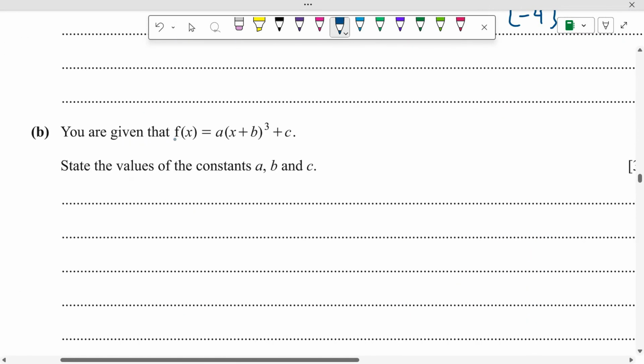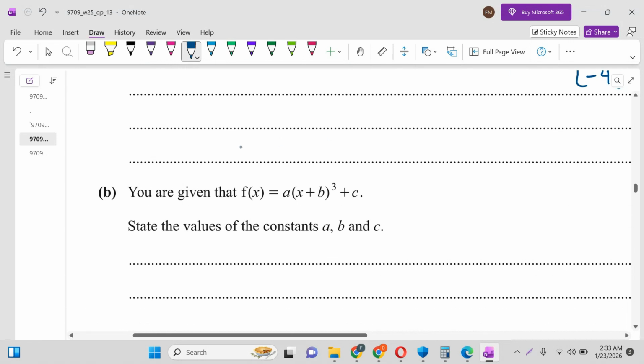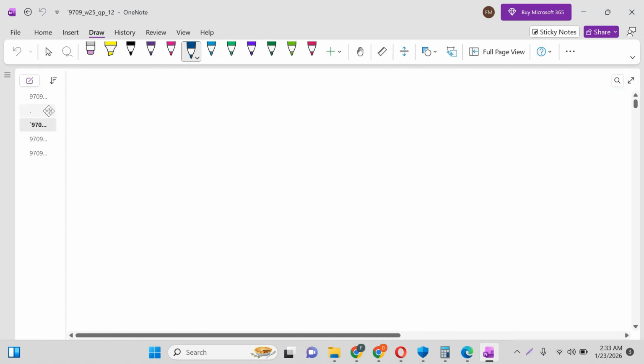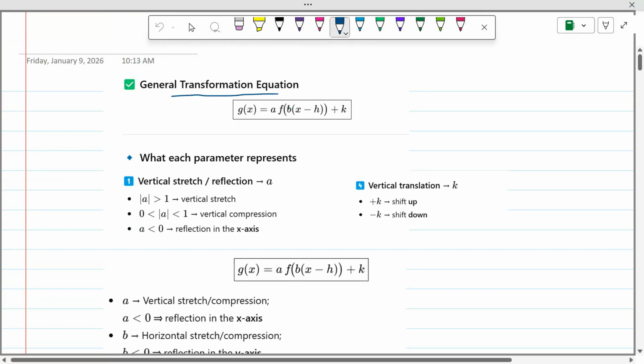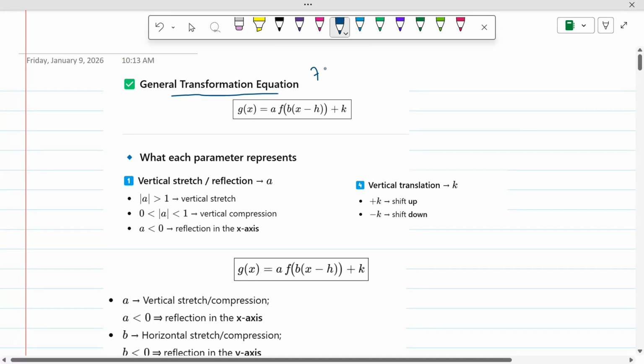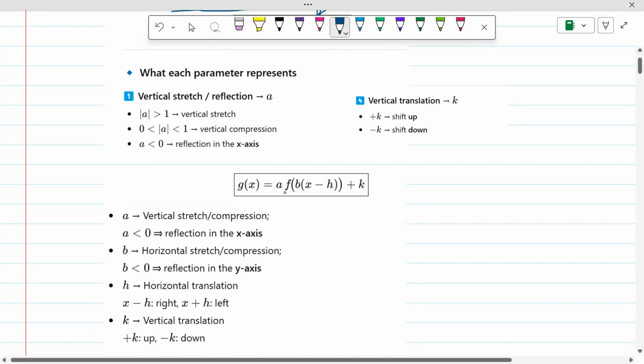Now you are given that f of x is equal to a times x plus b whole cube plus c. State the values of constants a, b, c. As we know, for example, this is the general transformation equation. When we have f of x and it has been transformed, the equation will become in this format.